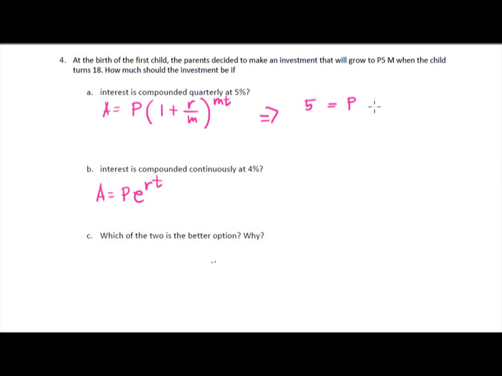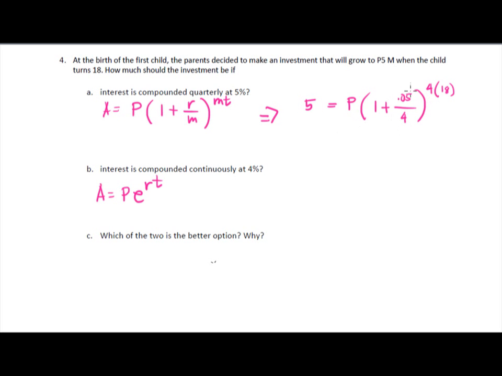Okay, so P, the unknown, and then 1 plus the rate is 5%, so 0.05 over the number of times it is compounded quarterly, so that's basically 4 times in a year, so divided by 4, and then this is 4 times the time. So you want to check, you are considering when the child is already 18, so 4 times 18 years.